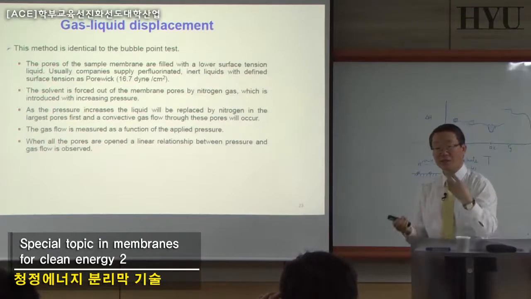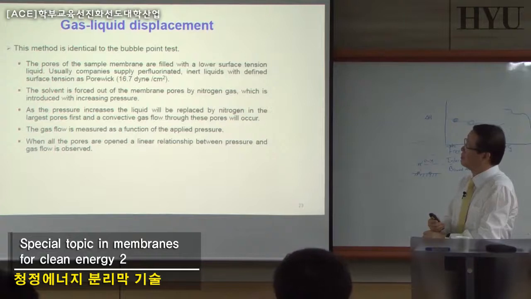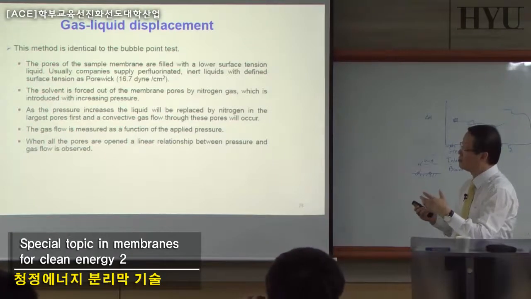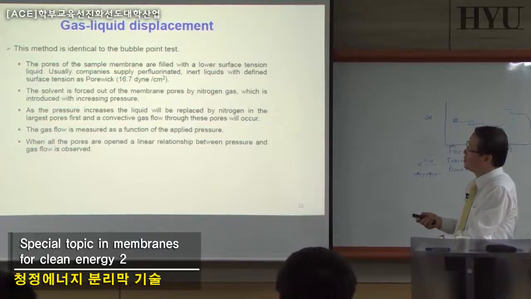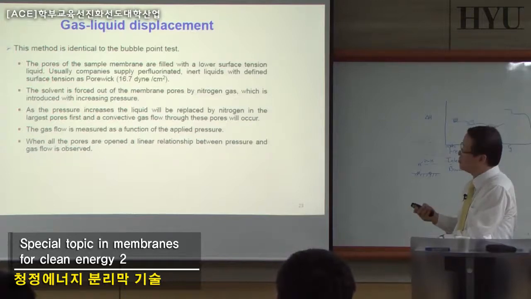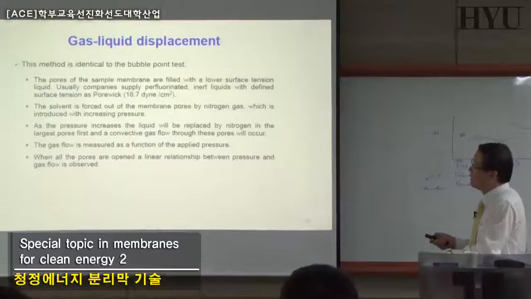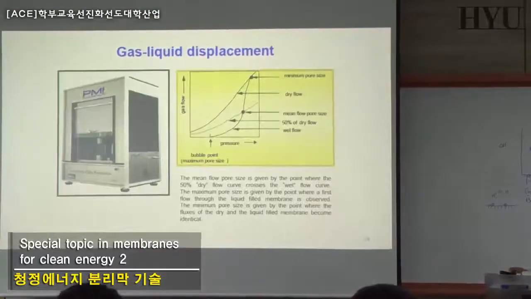We can have a gas and liquid displacement type of bubble point test. It's exactly the same as the bubble point meter. We can use the liquid and the gas. Instead of water, they use a certain liquid, such as Porewick, with a certain surface tension, and it's exactly the same as the bubble flow method.